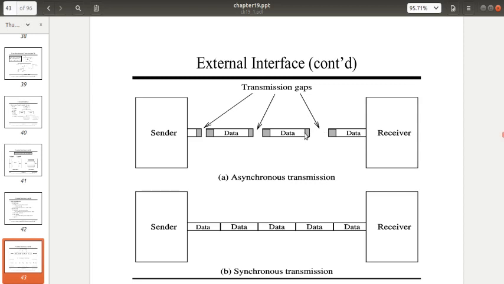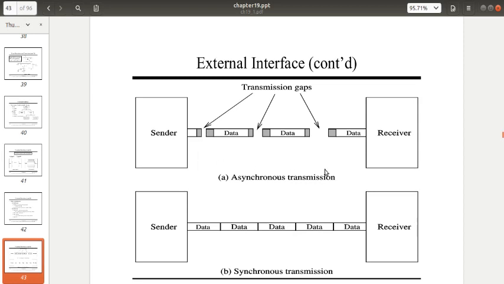So to identify these packets, where they start and where they end, some information is required. That is called the overhead, given in the dark area here. But in synchronous communication, that is not required. Since the clocks of both the sender and the receiver are in sync, the receiver knows that the data stream coming from this time to this time is of a certain package, and the data coming from, say, T2 to T3 is of a certain data packet, like that.